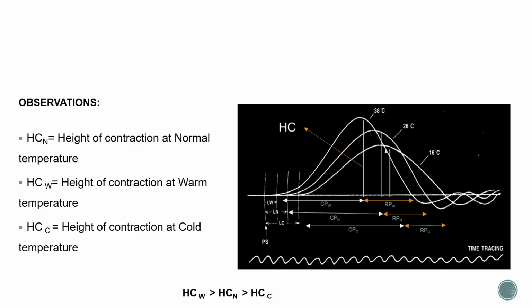Now coming to height of contraction. As evident from this graph, the height of contraction for the warm curve is the highest as compared to the normal and the curve that we have obtained with cold Ringer solution.